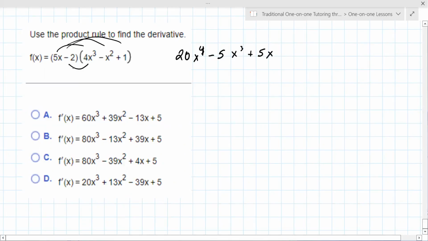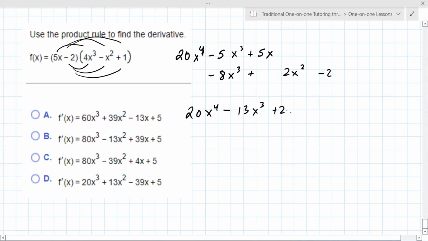And then we're going to take that minus 2 and multiply it by all three. So minus 8x cubed plus 2x squared, minus 2. So you combine like terms here: 20x to the fourth minus 13x cubed. We'll put the 2x squared next because it goes before the 5x, and then minus 2.